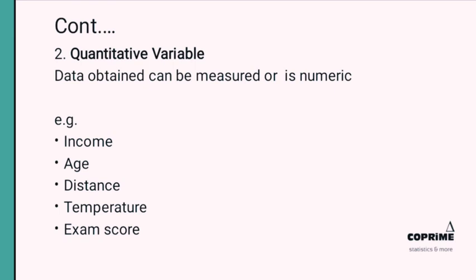I can say my income is 300 cedis, or I am 19 years old, or probably Kofi covered a distance of 25 kilometers. All these are numeric values, making them examples of quantitative variables. Note that unlike qualitative variables, quantitative variables can assume numeric form.